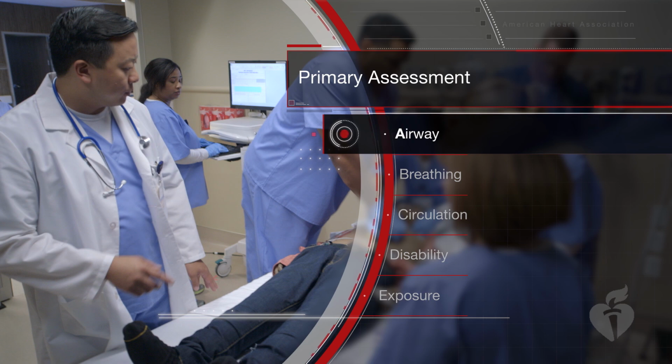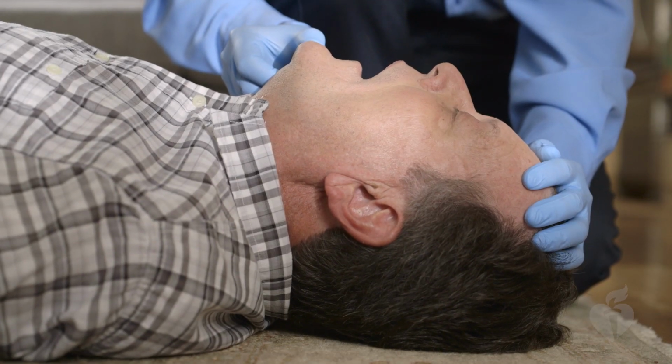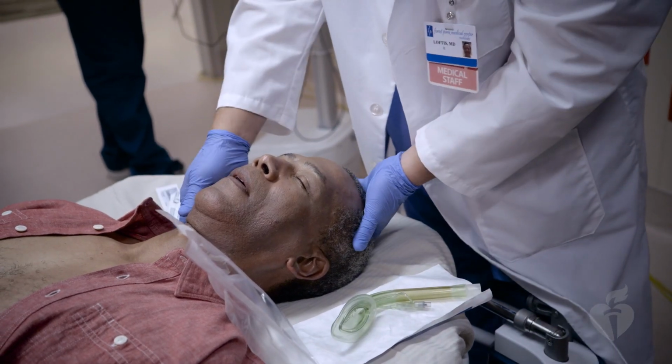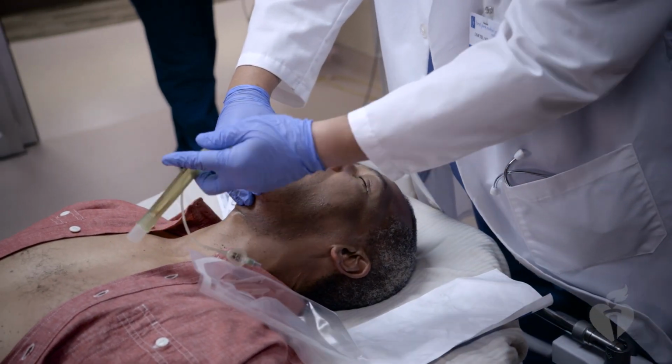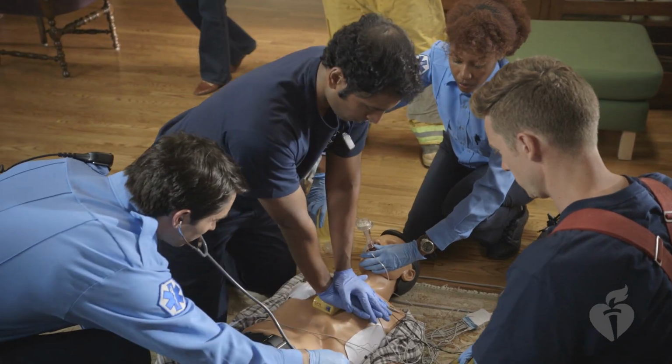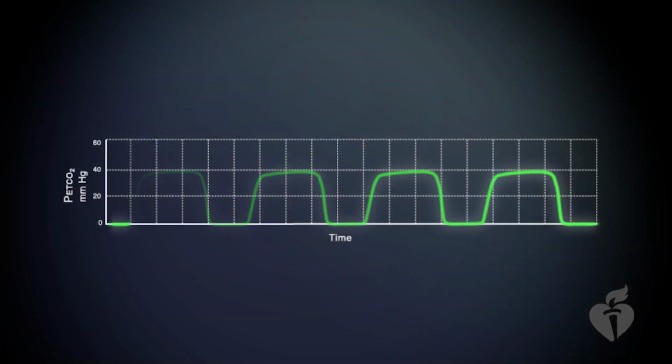A stands for airway. For unconscious patients, healthcare providers should maintain a patent airway and consider inserting an advanced airway device. Regardless of the device chosen, the resuscitation team must ensure proper placement and use waveform capnography to monitor effectiveness.